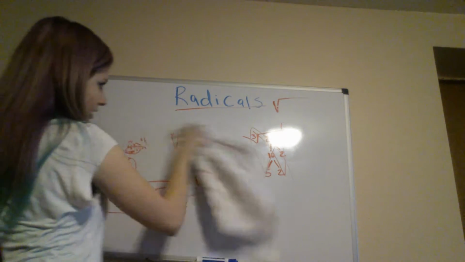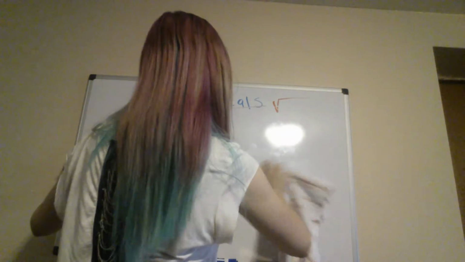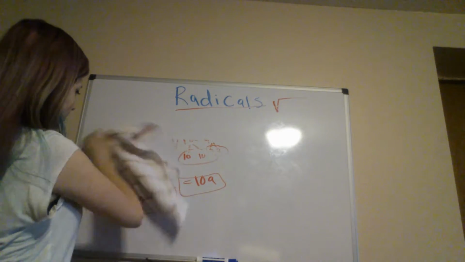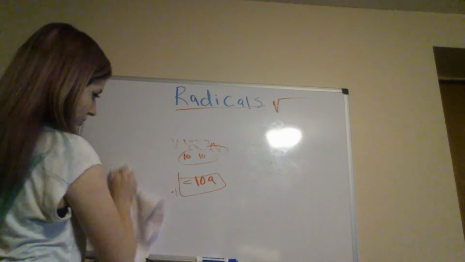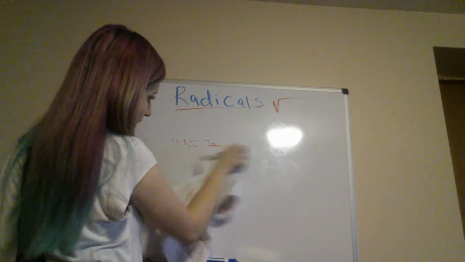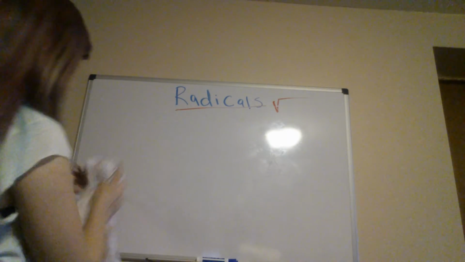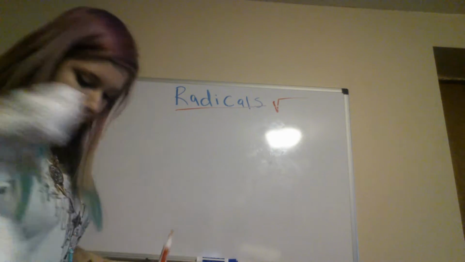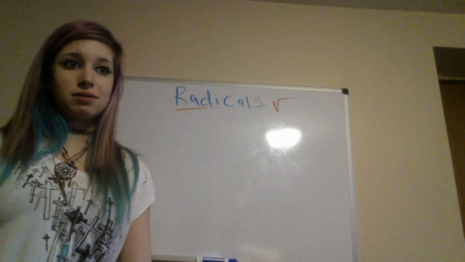Now, that is basically how you simplify radicals. Let me erase this really fast, even though it's not going very fast because this does not want to erase well enough for my OCD to let it. Yeah. So that is basically how you simplify radicals.